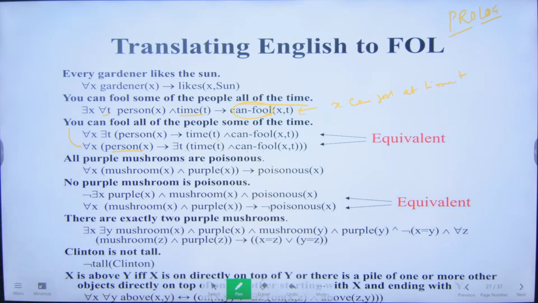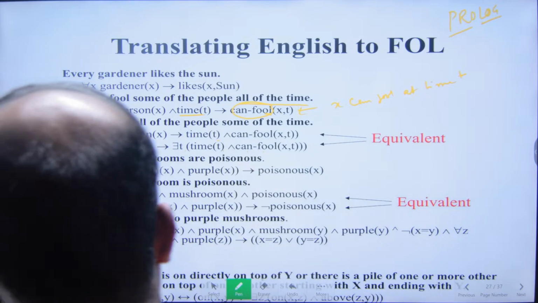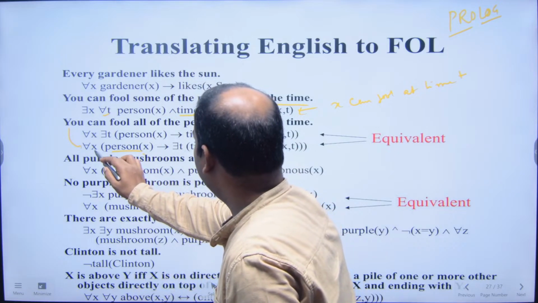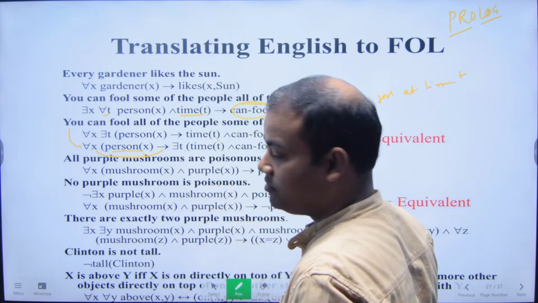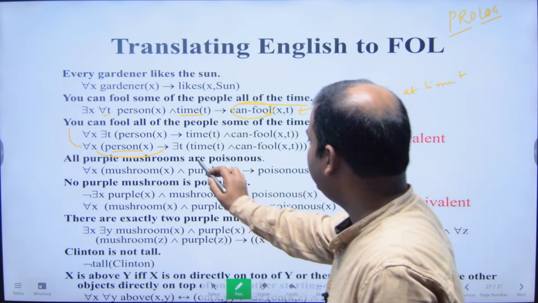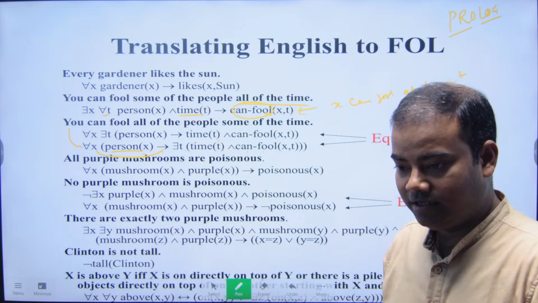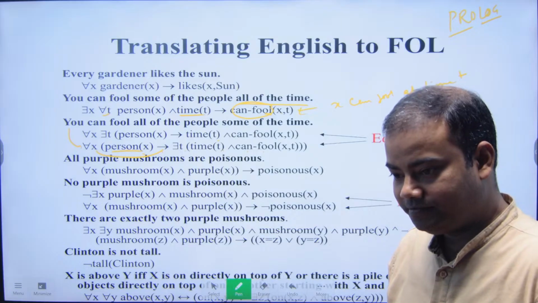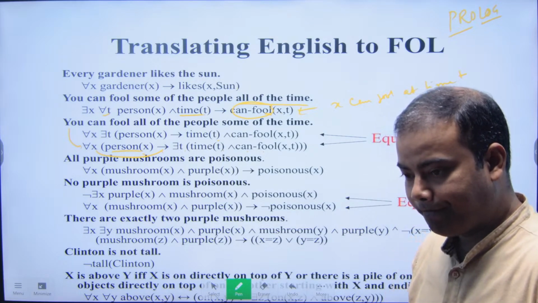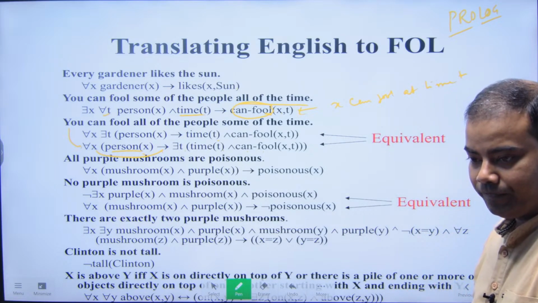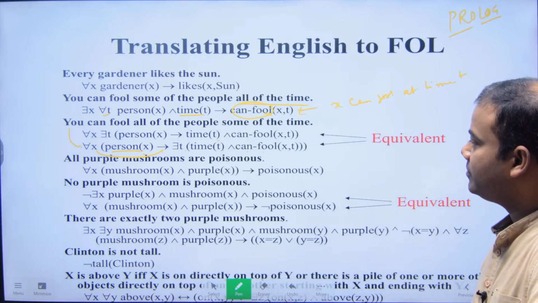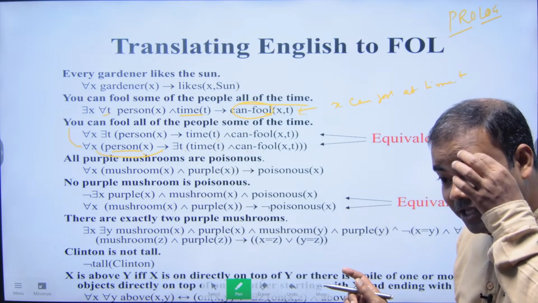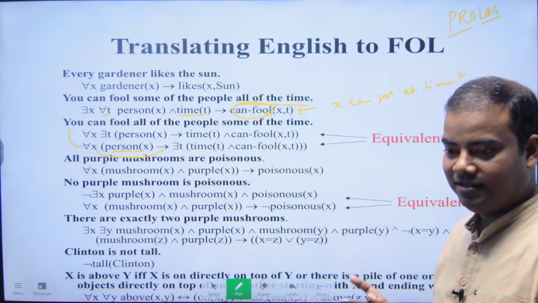As I told you, with for all x you always write the arrow sign, and when there exists, it is with and. When you write like this, it is easy to write. So sometimes it is more confusing, like in this example.